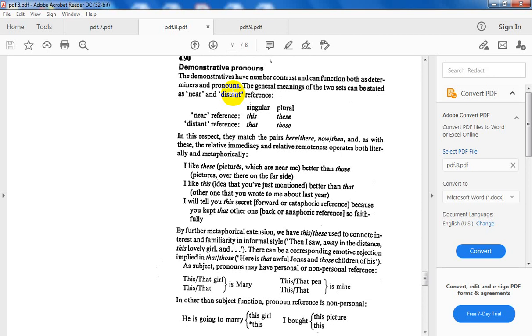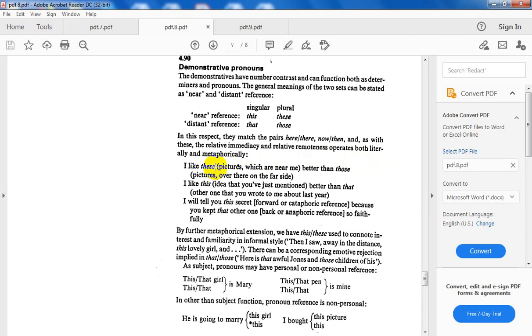The general meanings of the two sets can be stated as near, this and these, near the reference, with that and those they are distant. In this respect they match the pairs here, there: here for near, there for distant, now for near, then for distant.